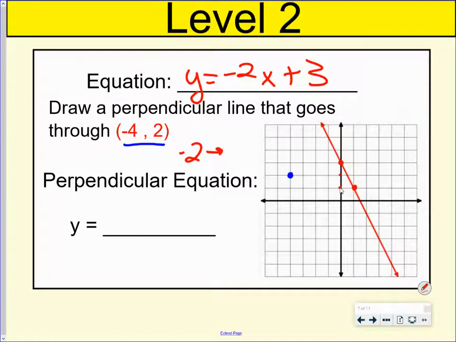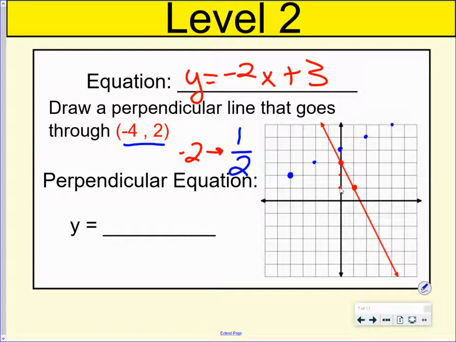Well, what was my opposite reciprocal of that? Opposite would be positive. And then 2 is 2 over 1, so that could be 1 over 2. The opposite reciprocal of negative 2 is 1/2. So I knew my slope of this new line is going to be positive 1/2. So I'm going to go up 1 and over 2, up 1 and over 2.